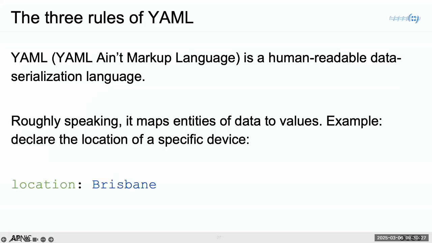There are three rules when we have a YAML file. The first is that you can have a colon, and then specify the value for different data. For example, if we need to declare the location, we use location, then a colon, and then provide the value.